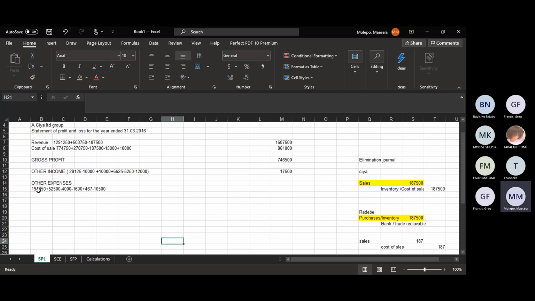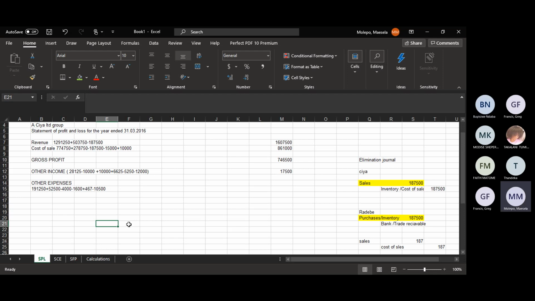Then we add these figures together. They will give us, let's check, 191,250 plus 52,500 minus the 4,000 minus the 1,600 plus 467 minus 10,500.